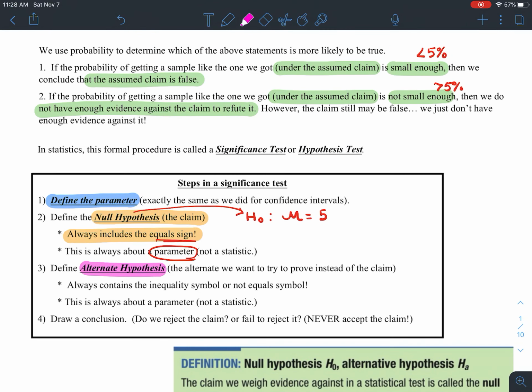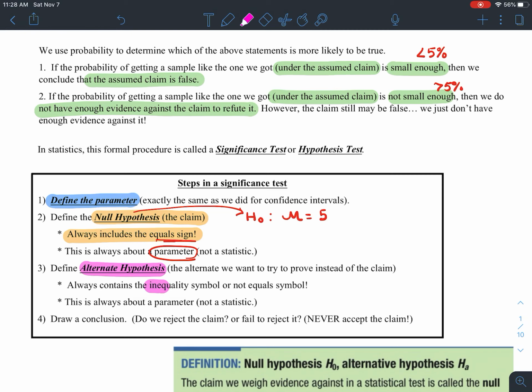This is what you're actually trying to prove instead of the claim, which is the null hypothesis. You want to have evidence in support of your alternative hypothesis, and that evidence is provided from the sample that you would gather.